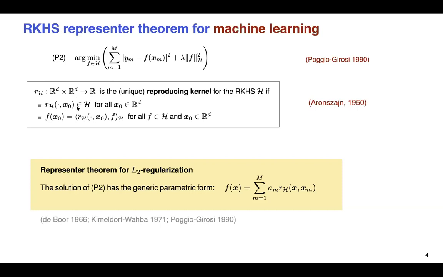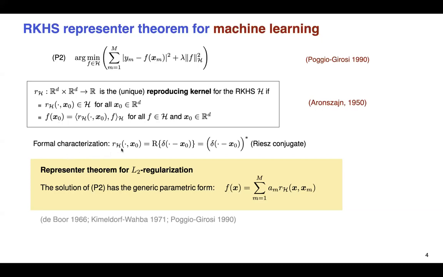It is a kernel such that if you fix one of the variables, this thing lies in the Hilbert space. And the other thing is the reproducing property: if you fix that particular location x0 and leave the other variable open and take the inner product with a function f, this will sample the function at x0. So it's acting like a Dirac.